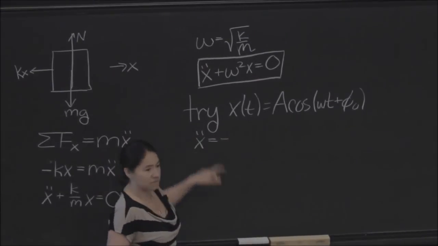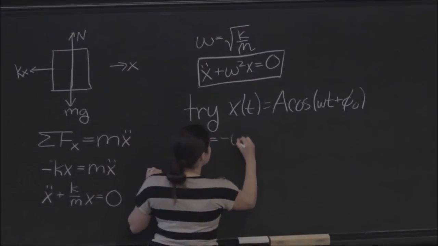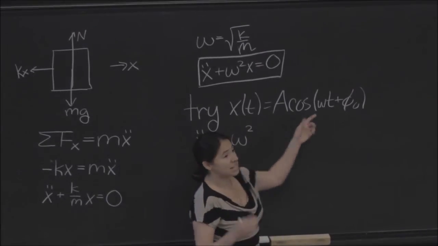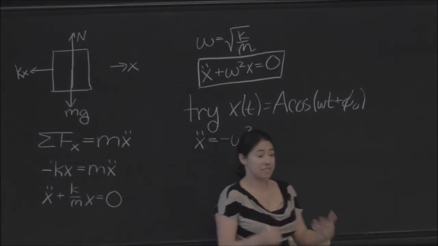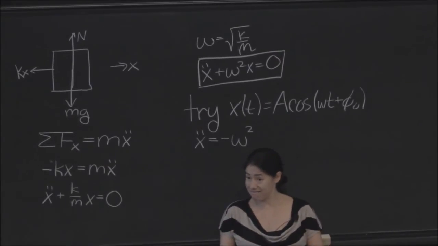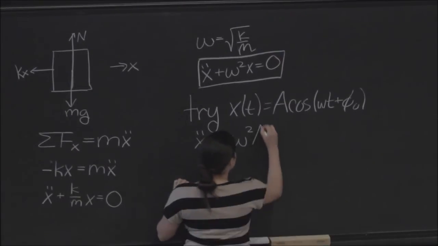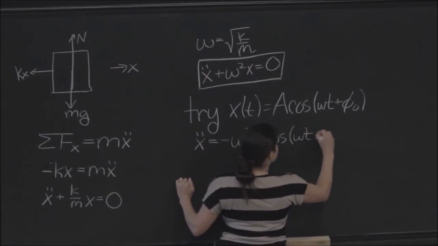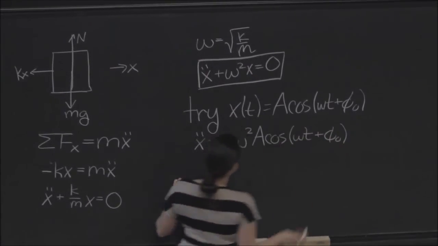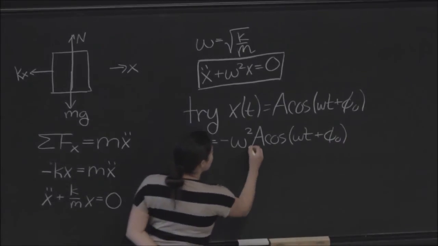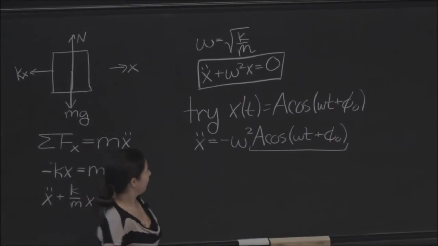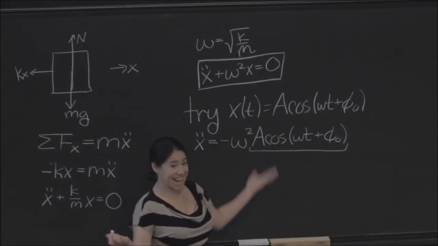Omega. But I'm taking that derivative twice, so I'm going to get an omega squared, right? The derivative of cosine is a negative sine. Derivative of negative sine is a negative cosine, right? So I'm just going to write A cosine of omega t plus phi naught. Oh, what is this? It's just x, right?